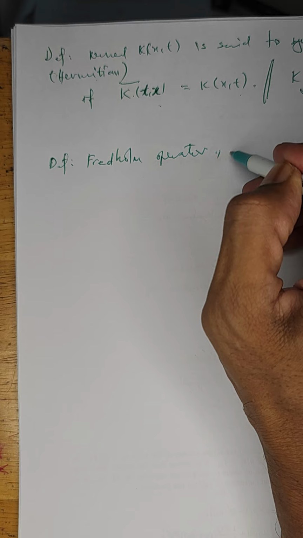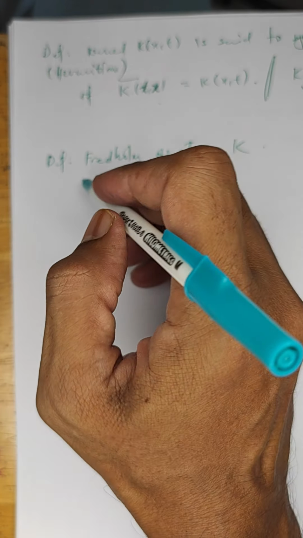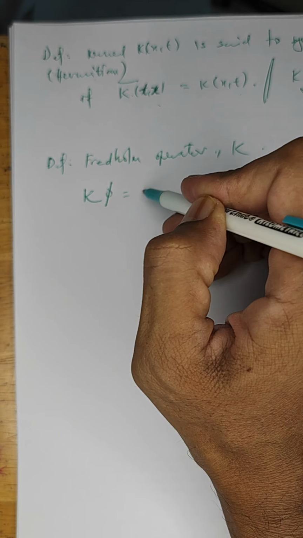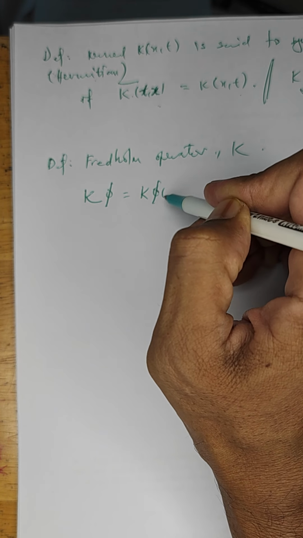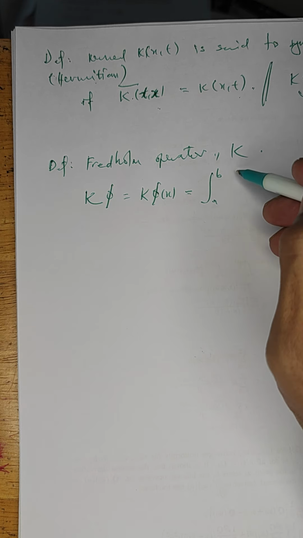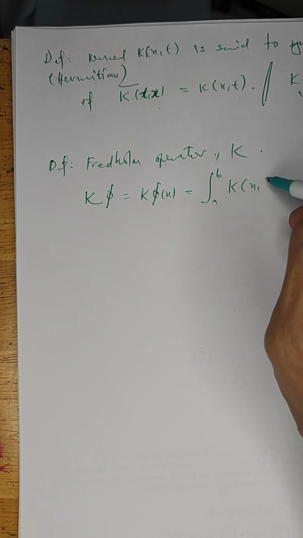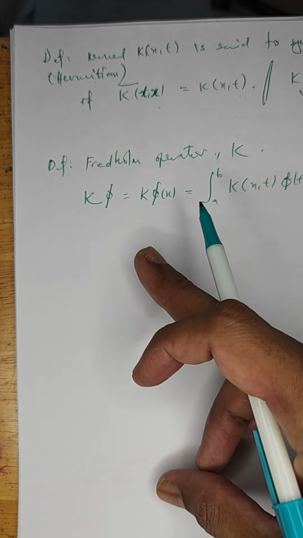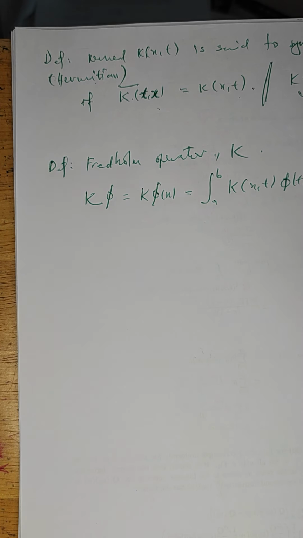We say the Fredholm operator K applied to phi, K phi of x, is equal to the integral from a to b of k(x,t) phi(t) dt. This K we call the Fredholm operator generated by the kernel K.